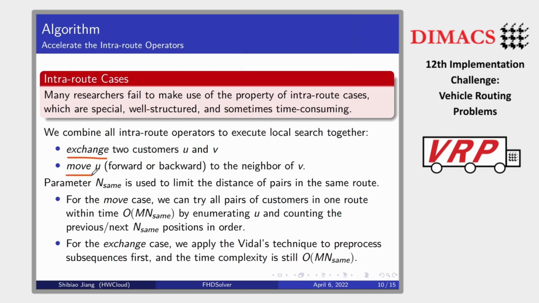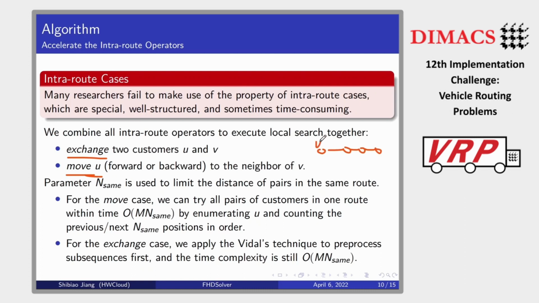Exchange means we just exchange two customers U and V in the same route. And the move means we move one customer U forward or backward to the neighborhood of V, like that.